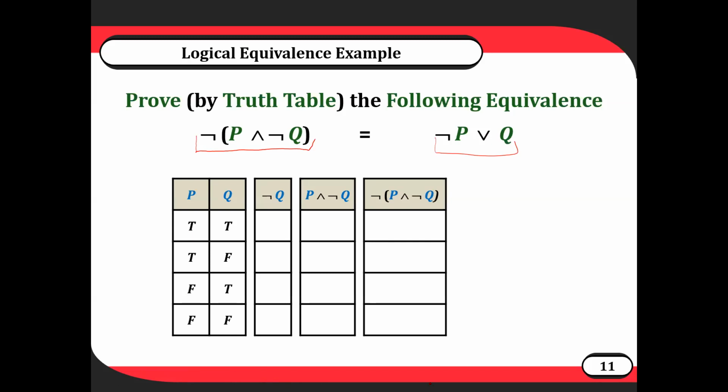The opposite of true is false, true, false, true. So that's not Q, it's just simply the opposite value of Q. And then P and not Q, so both of these must be true, and it's not in this case, so it's false. Here, both these are true.